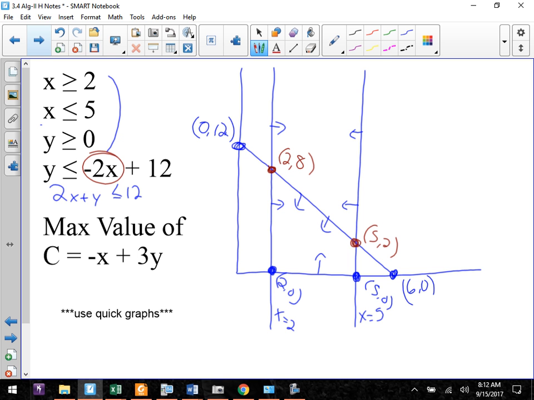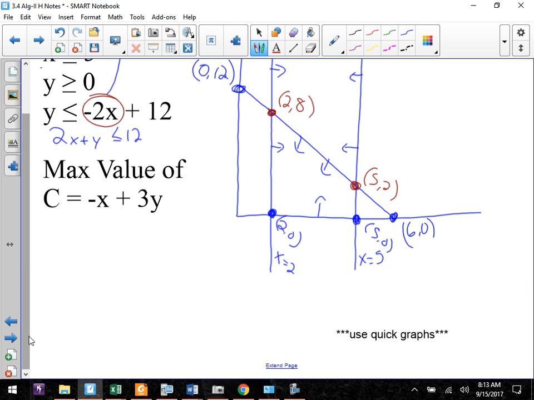Those will be the ones that you substitute into the objective function. In this case, it's the opposite of x plus 3y, to figure out what gives you your maximum and your minimum value, and where that occurs.